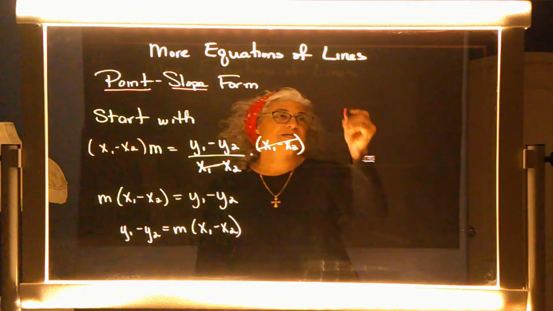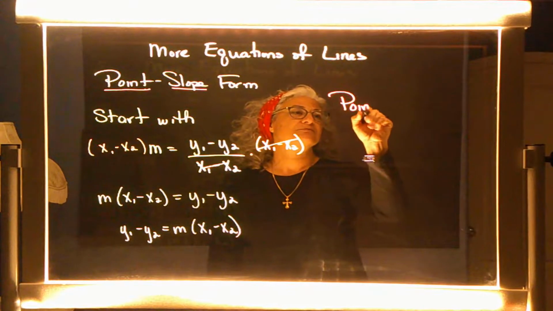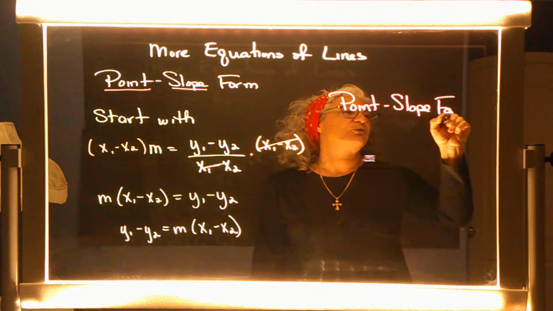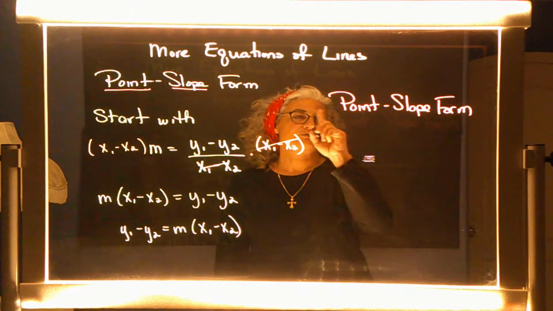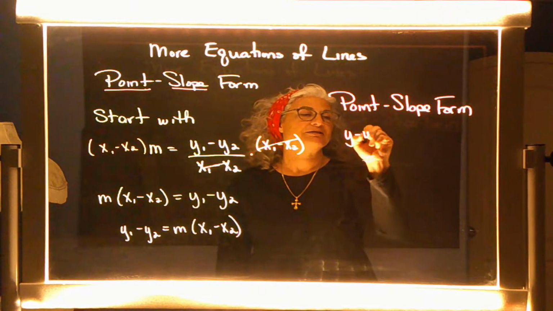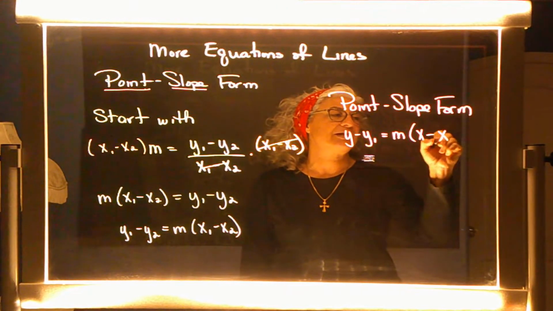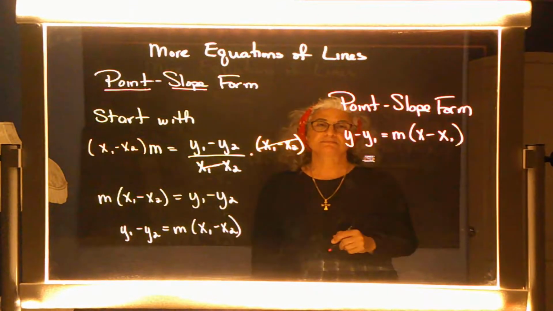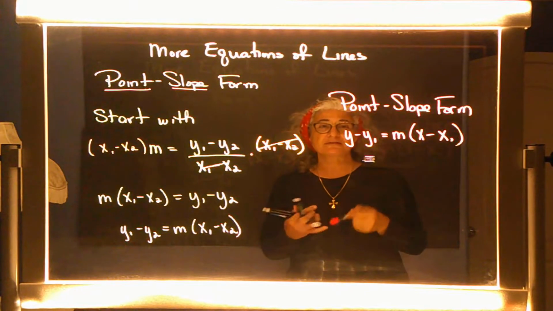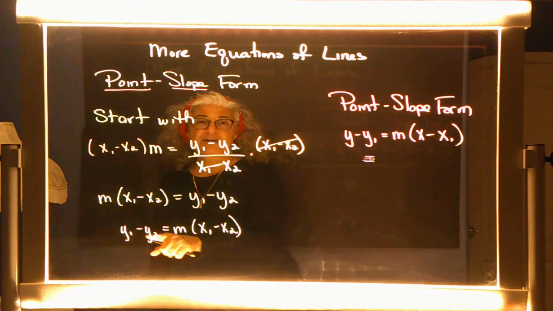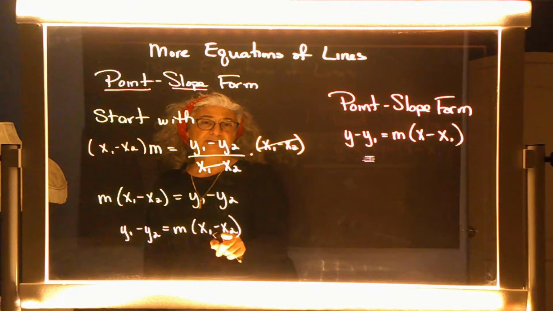So, the point-slope formula, or I should say form, looks like, just watch, y minus y sub 1 equals m times x minus x sub 1. Do you notice that I no longer have y1 and y2 and x1 and x2?